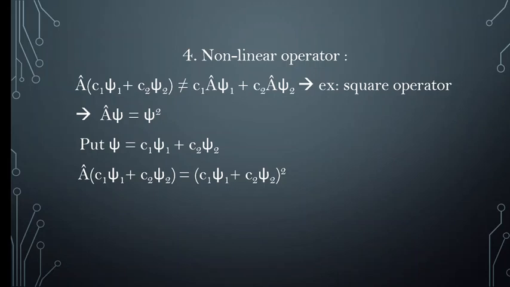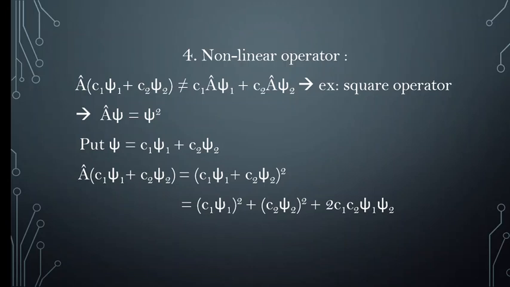We have just put the xi value in the first equation; in place of xi we have replaced c1 xi1 plus c2 xi2. If you solve it, we get c1 xi1 whole square plus c2 xi2 whole square plus 2 c1 c2 xi1 xi2. It is something like a plus b whole square, that is nothing but a square plus b square plus 2ab.